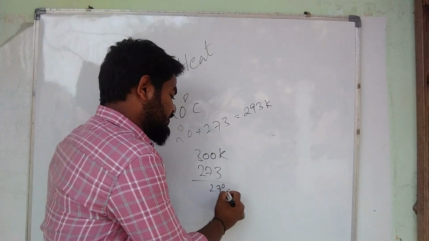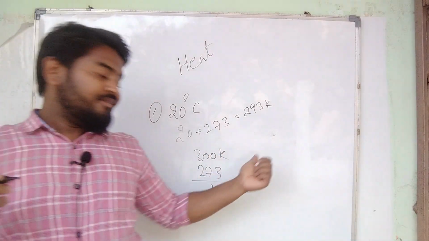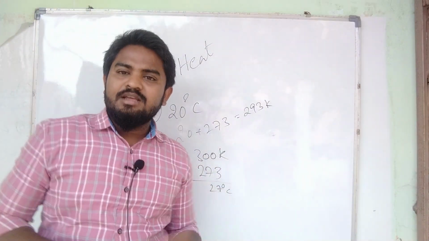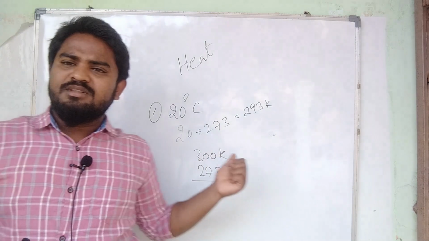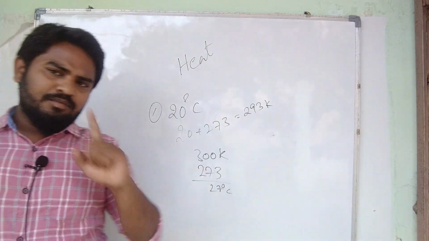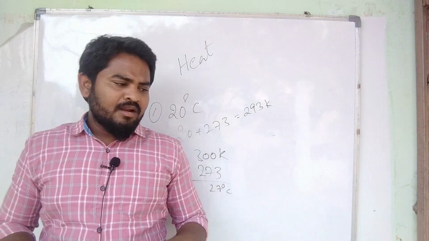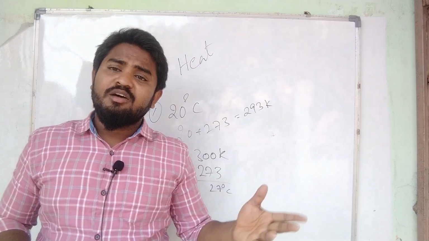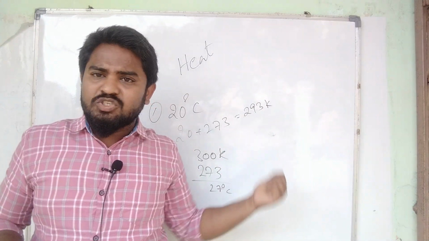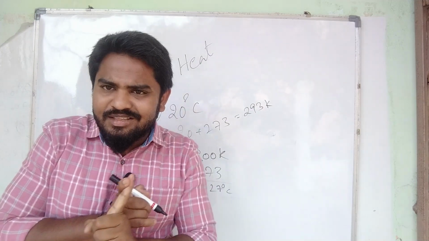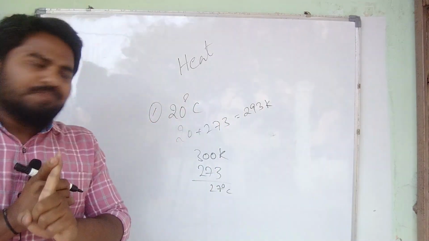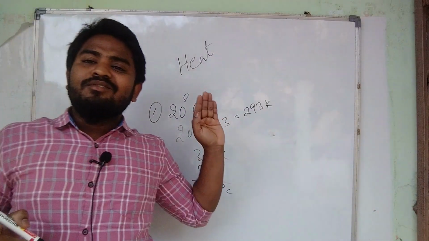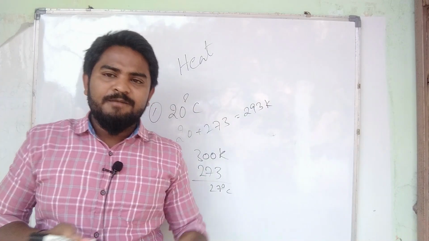So these are the smallest problems in the heat lesson, and you can get them for 1 mark, or they may come as objective type questions. The first step to solve the heat problems is converting the temperature.